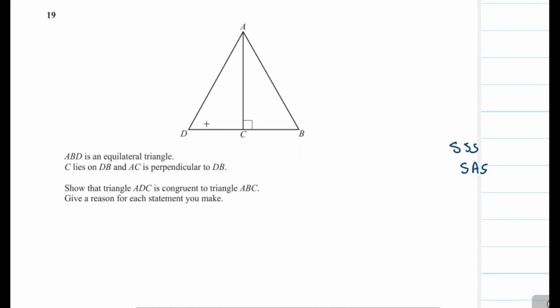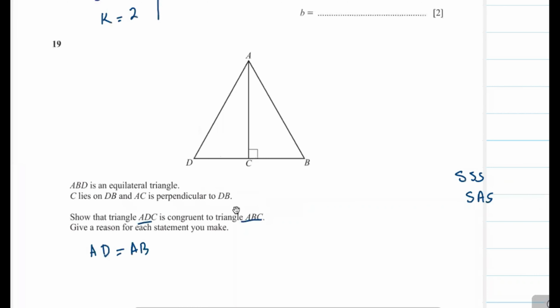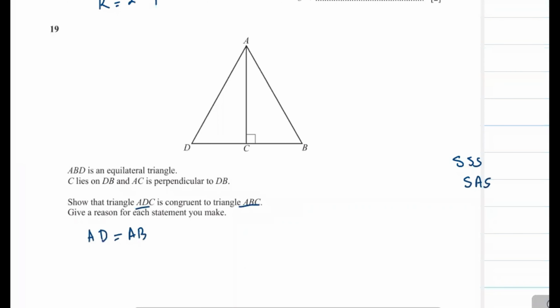Now we see that the length AD will be equal to AB. You see here this length AD equals AB because the triangle is equilateral. The reason is, because it is an equilateral triangle.